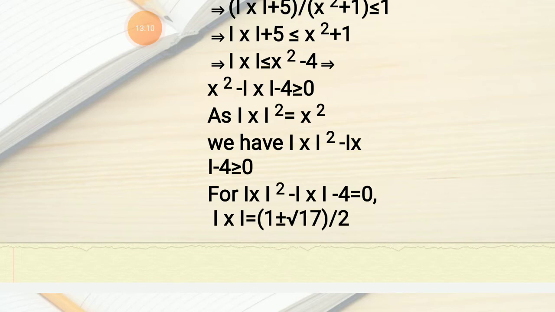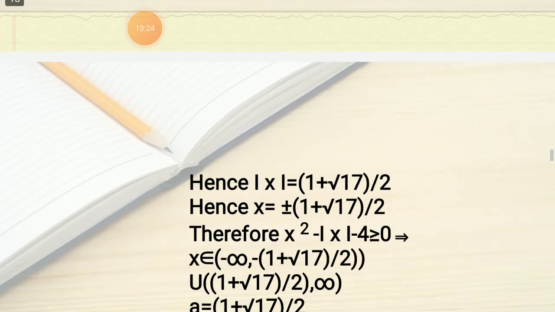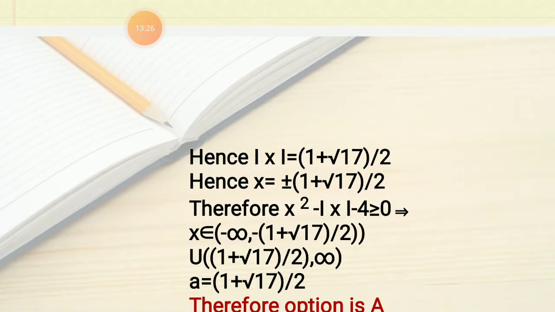For mod x square minus mod x minus 3 equal to 0, you apply the formula minus b plus or minus under root b square minus 4ac by 2a. You will get mod x value as 1 plus or minus root 13 by 2, but mod x is always positive. So mod x is 1 plus root 13 by 2. So x is equal to plus or minus (1 plus root 13) by 2. So x square minus mod x minus 3 greater or equal to 0.